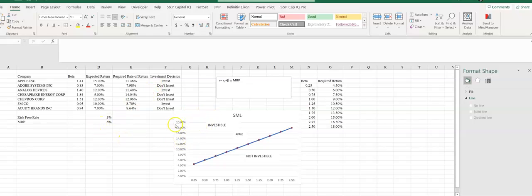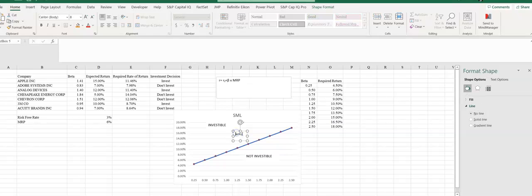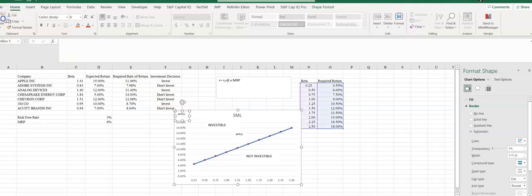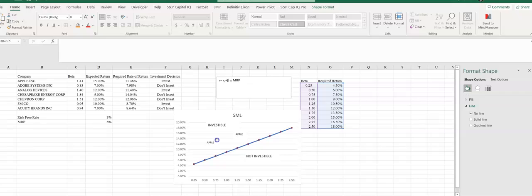I'm using some software that just limits my copy and paste. Yeah, right in here. So this is going to be 3M. 3M is somewhere around here.